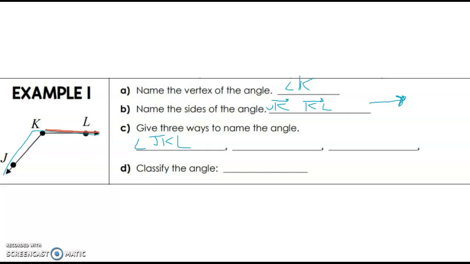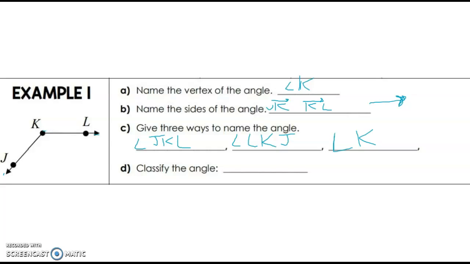We could do the reverse of that and name it LKJ. But keep in mind, K has to be in the middle. And we can also name it based on the vertex, which is at K. So that could be angle K. So those are three ways that we can name the angle shown.